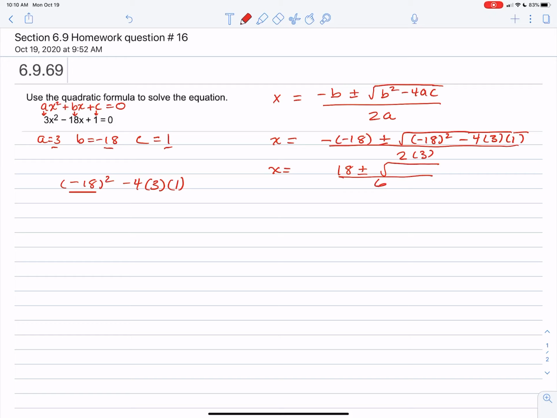That's negative 18 times negative 18 is a positive 324. Then I would multiply. So just bring down that 324. And minus 4 times 3 is 12, times 1 is 12. So I have 312.